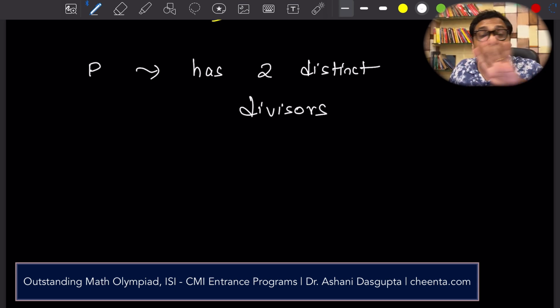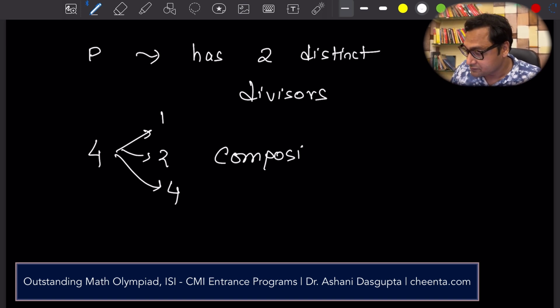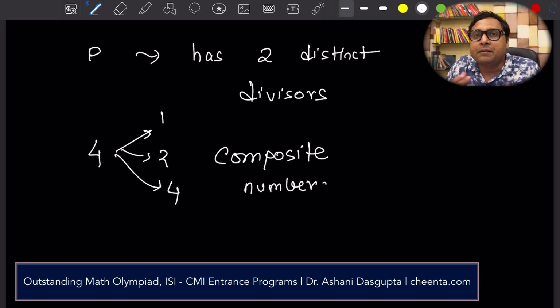So 1 is not a prime number and 2 is a prime number because it has 2 distinct divisors, 1 and 2. 3 is a prime number because it has 2 distinct divisors, 1 and 3. 4 is not a prime number because it has 3 distinct divisors. So it is called a composite number.